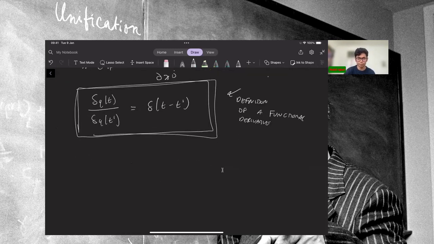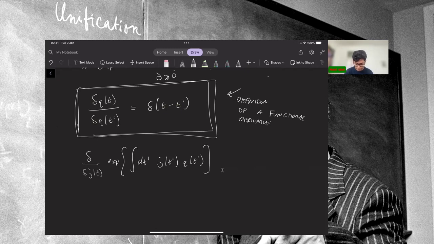So let me give you an example of what this is good for. This is the kind of integral we're going to have over and over again. Let me take delta over delta j of t of the exponential of the integral dt prime j of t prime q of t prime. I want to compute this functional derivative. How do I do it? I'm just going to apply all the rules of differentiation.